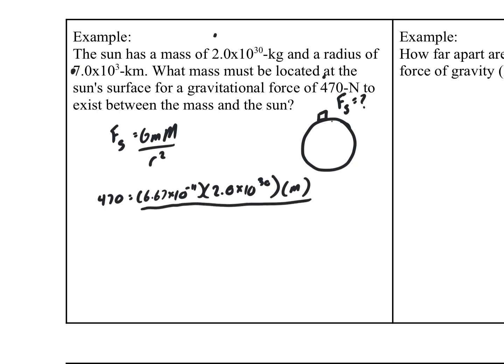And then here, it looks like the radius that we'd be given, right? That's going to be the radius of the sun there. So we can go ahead and use this 7.0 times 10 to the third kilometers.